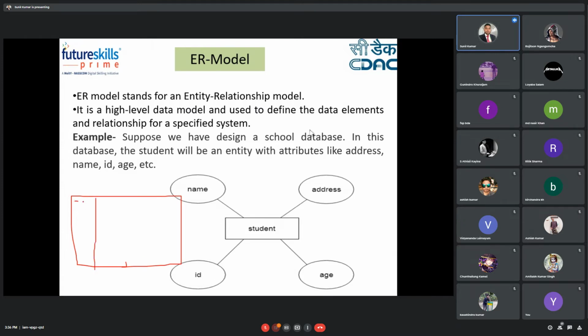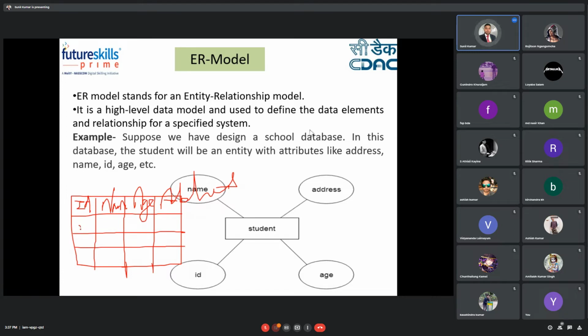This is the ID, this is the name, this is the age, and this is the address. So this is basically the representation of your data. Every student will come in a row.